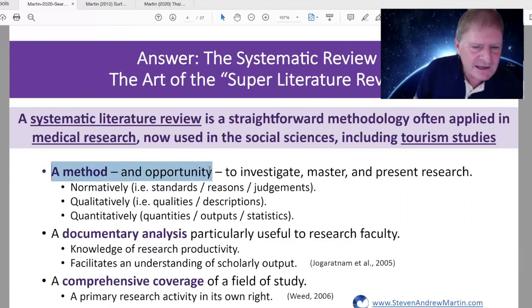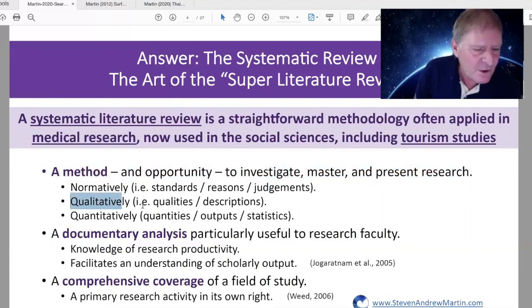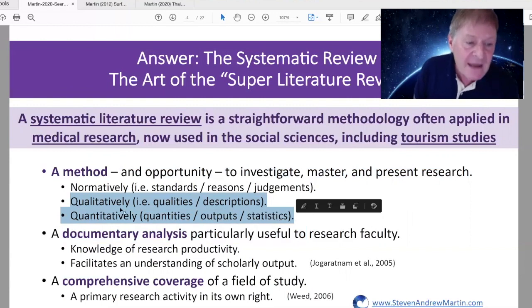As a method, it's an opportunity to investigate, master and present the research. A systematic review may include a qualitative approach and also a quantitative approach to the literature. I have a few slides on this, so I won't say too much more now, but the idea is that we review the literature in different ways, including statistically.